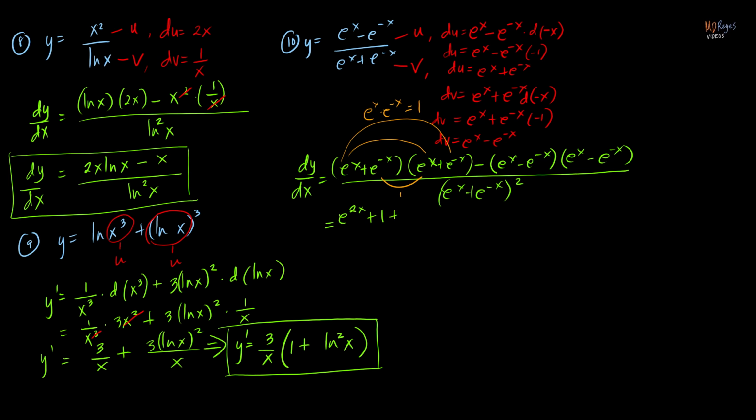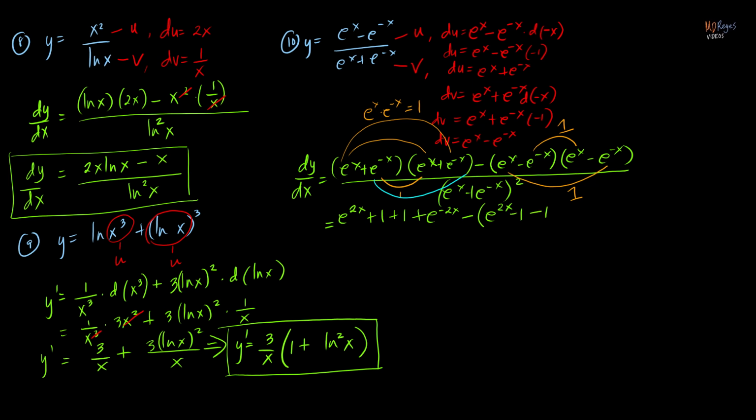So we have another 1 here. And then the last terms, e to the negative x times e to the negative x, that's e to the negative 2x. Okay, minus, do the same thing in this next term, it's just e to the 2x, and then the outer terms equal to 1 again. So we have minus 1, minus 1.